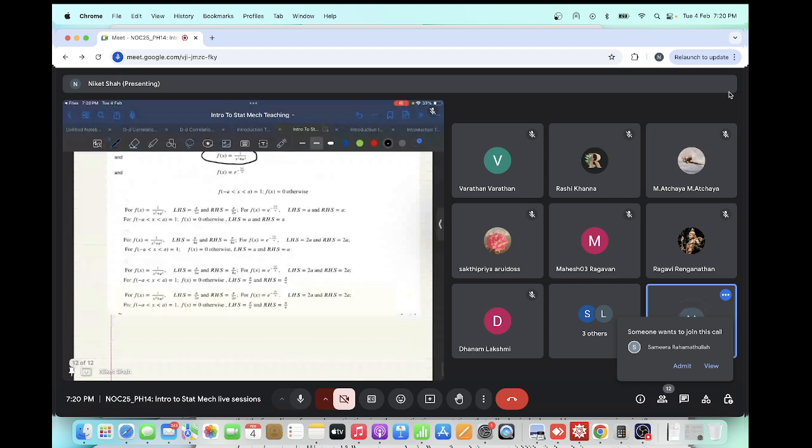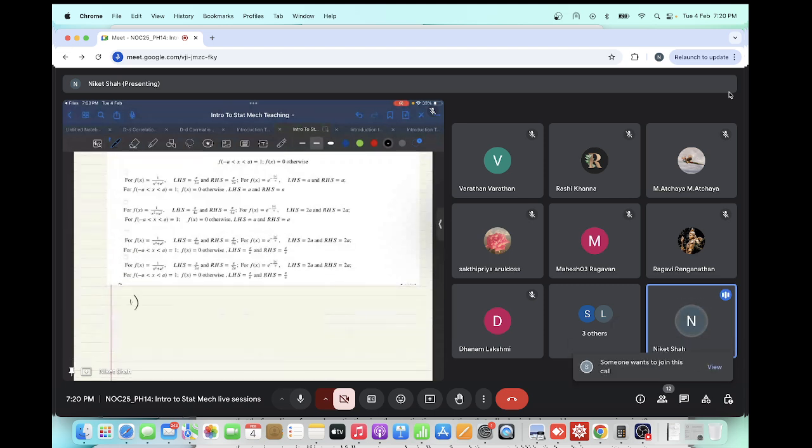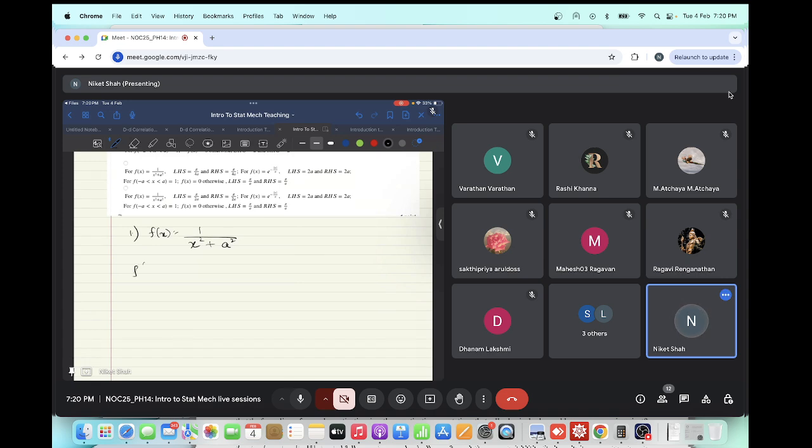So let's go. First one is f of x is equal to 1 upon x square plus a square. When I'm writing it as f of lambda n, it will be 1 upon lambda square n square plus a square.